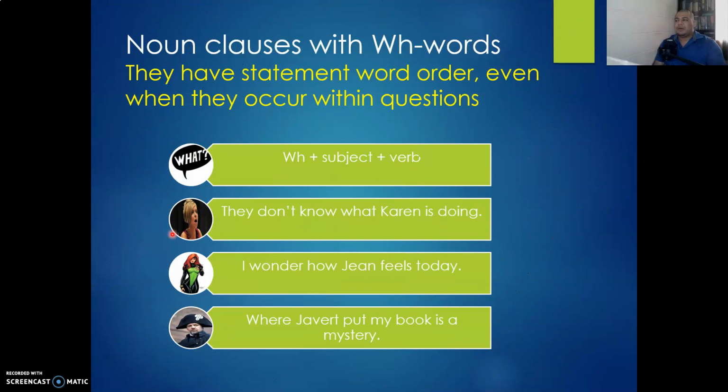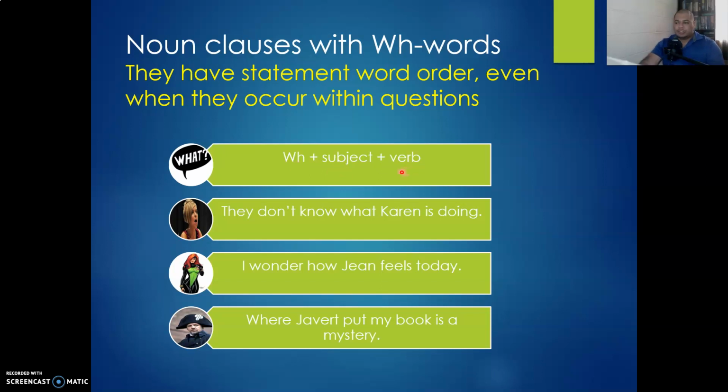Now, let's talk about noun clauses that use WH words. You need to remember that these noun clauses have statement word order. What does it mean when I say that a clause must have a statement word order? It means that you use the WH word, you use the subject, and you use the verb. Okay? That's a statement word order.